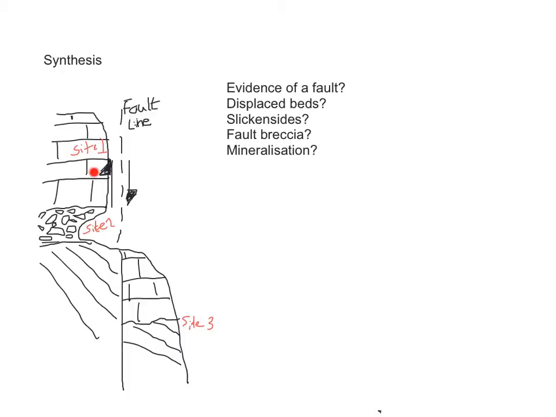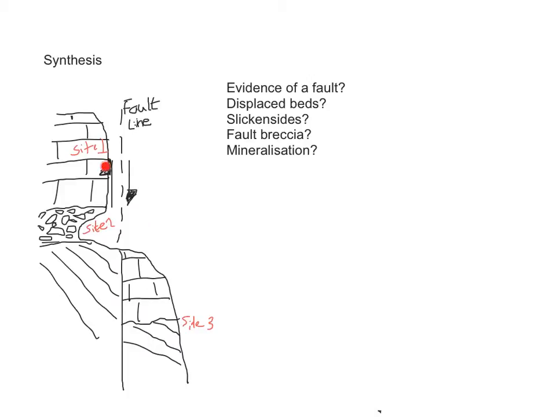Site 1 was this lot of limestone, Site 2 was under the overhang, and Site 3 down here. And this is the evidence we were looking for a fault. Have the beds been displaced? Are all the lithology, the textural information, the fossils, the structures, exactly the same as this site here? Is this site exactly the same as this site here? If it is, then the beds have been displaced in this fashion and a fault can be assumed.